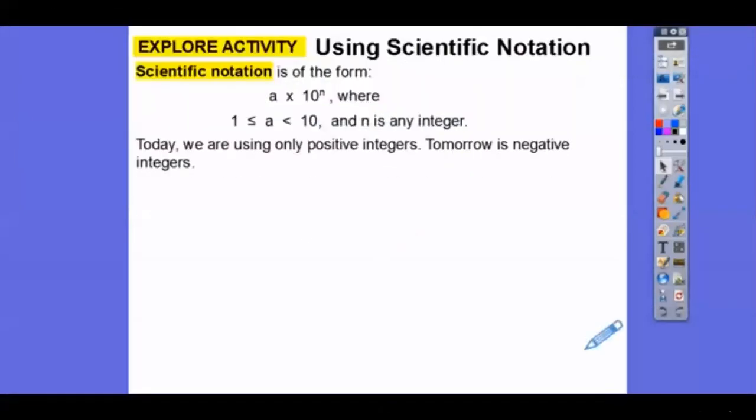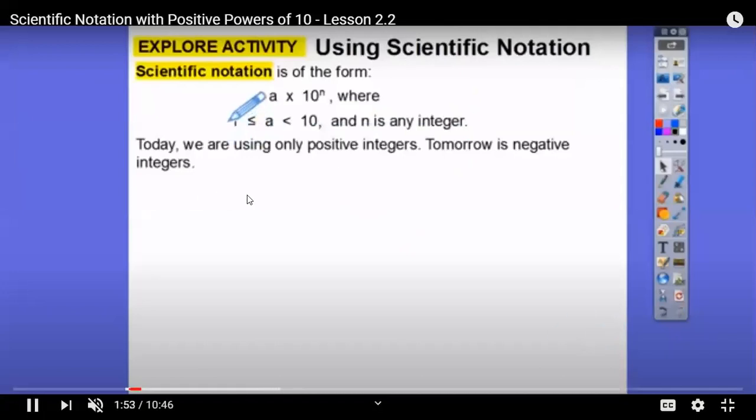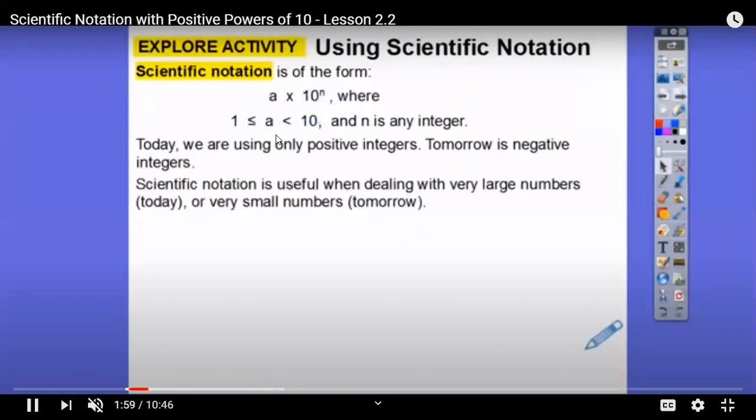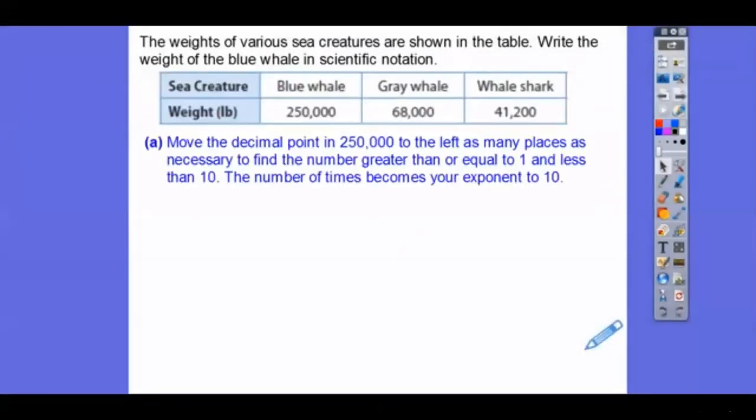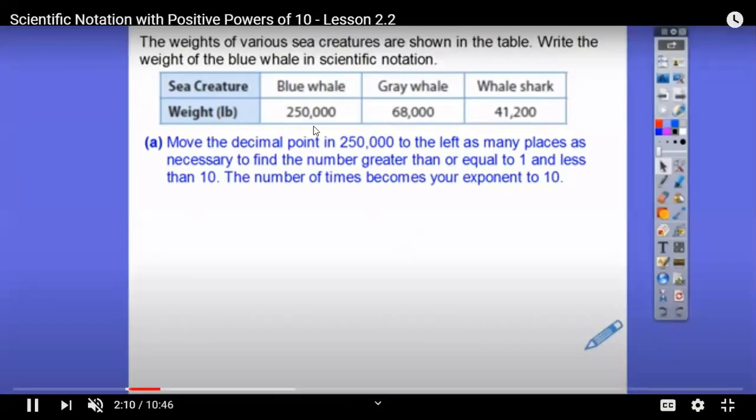As I told you, a should be more than or equal to 1. So in this question, we have the number 250,000, and I want to express this number in scientific notation.